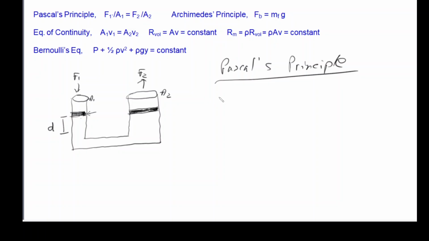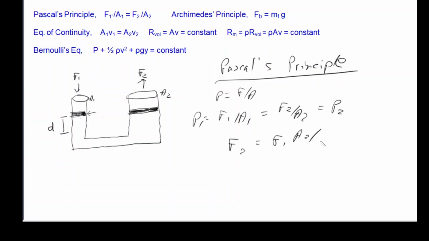So we know that since pressure is equal to force over area, and the pressures are equal throughout, force 1 over area 1, which is pressure 1, is equal to force 2 over area 2, which is pressure 2. And we can solve such that force 2 is equal to force 1 times area 2 divided by area 1.